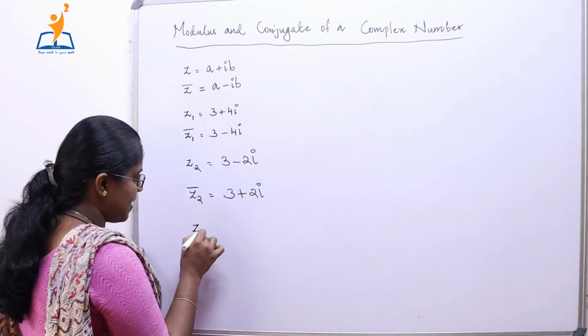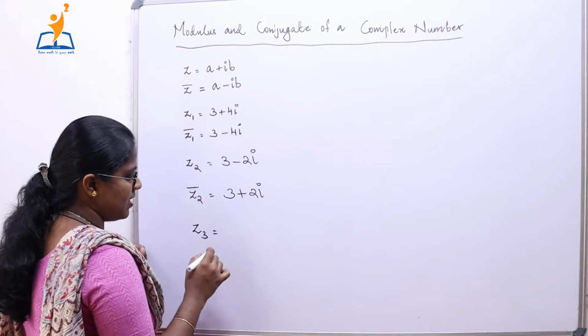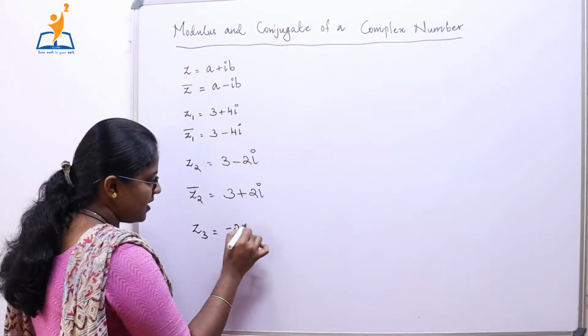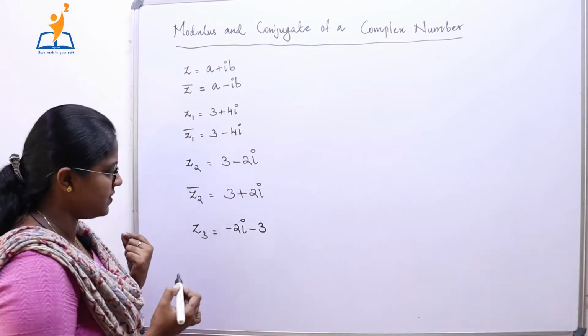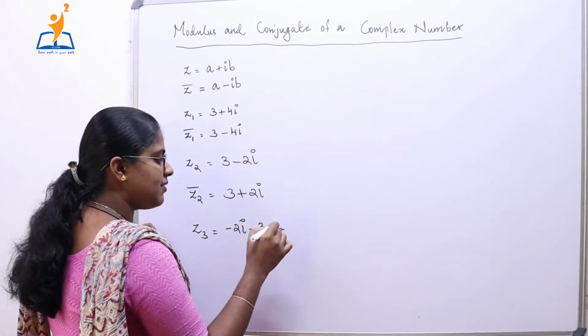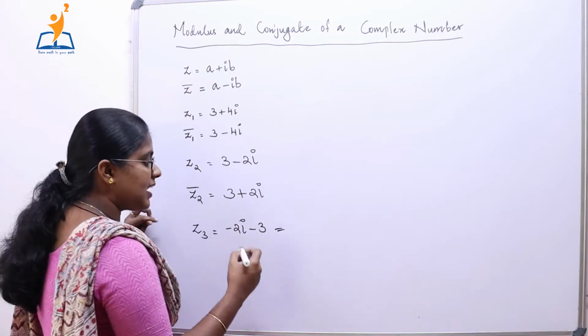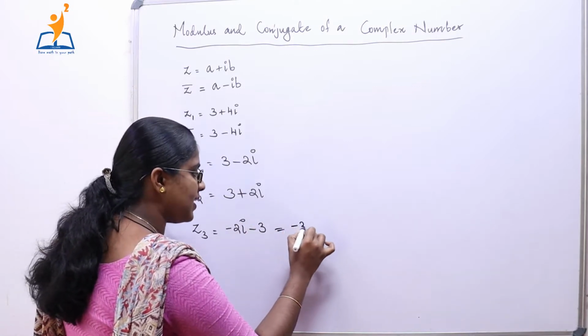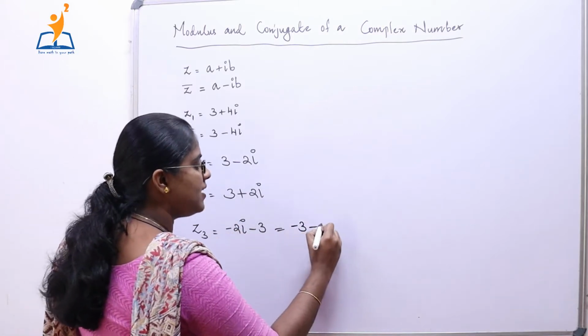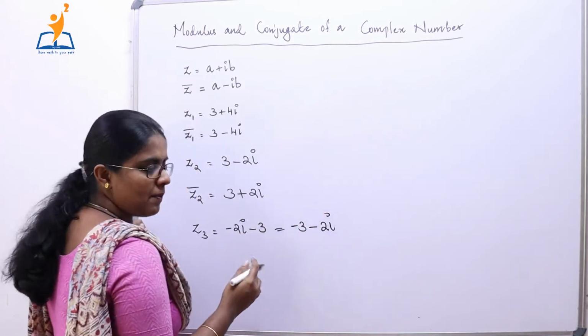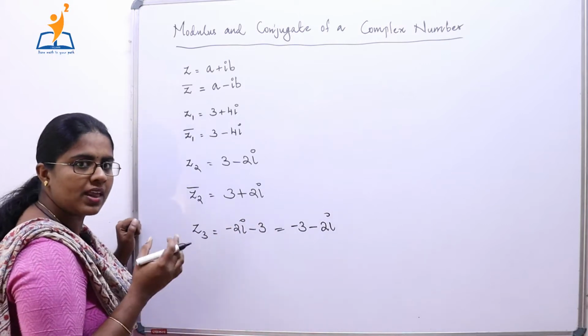Now another example is, let Z3 is equal to minus 2i minus 3. What will be the conjugate of this complex number? For that we will first write it into the general form, that is the real part should be written first, that is minus 3 is the real part and minus 2i is the imaginary part. So this is the complex number we are given with.